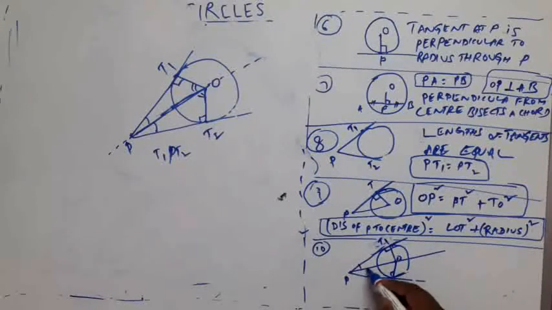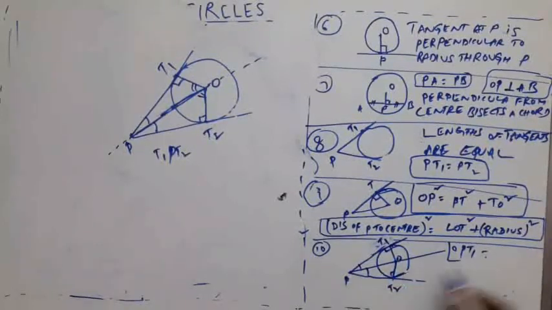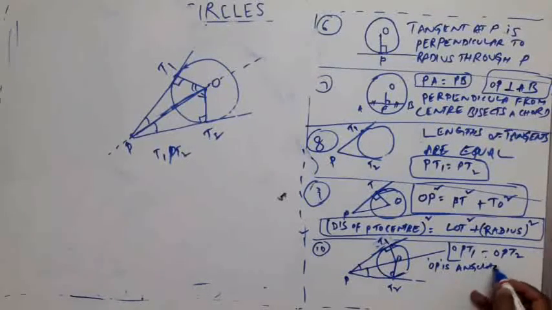These angles are equal, right? Angle OPT1 is equal to angle OPT2. To put it another way, OP is the angular bisector of angle T1PT2.